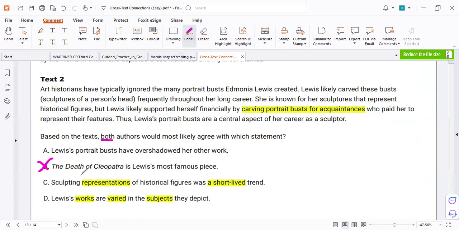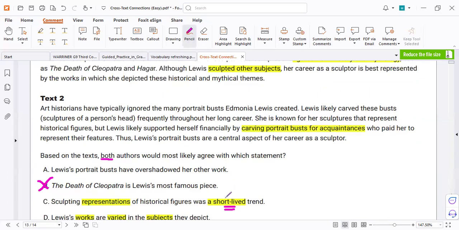So in letter C, we add an idea not mentioned in 1 and 2. That's why I'm asking you, how did you know? All right, so this is a term not explained in 1 or 2. In letter C, both of them agree about which statement? The Death is Lewis' most famous piece.